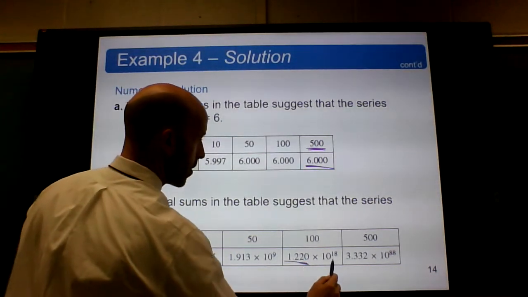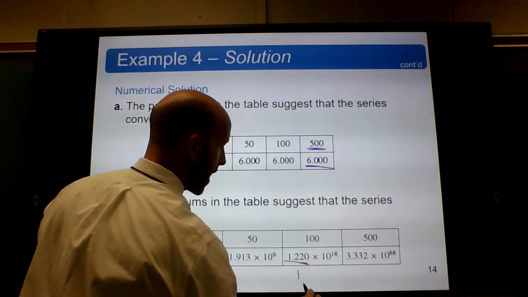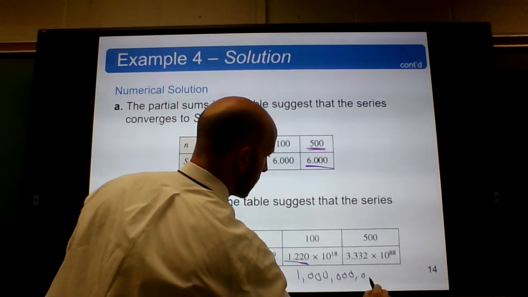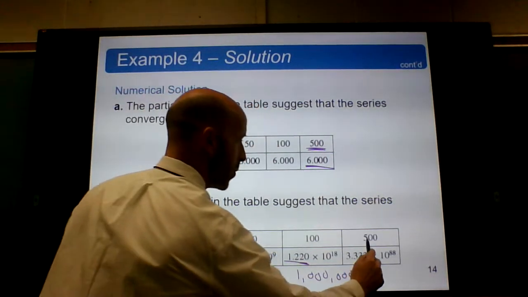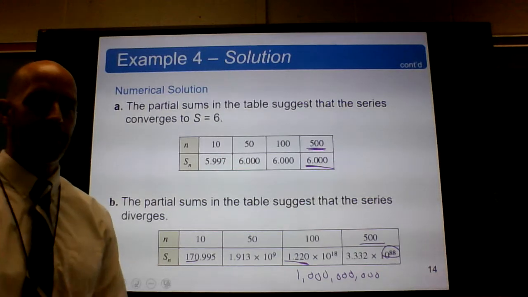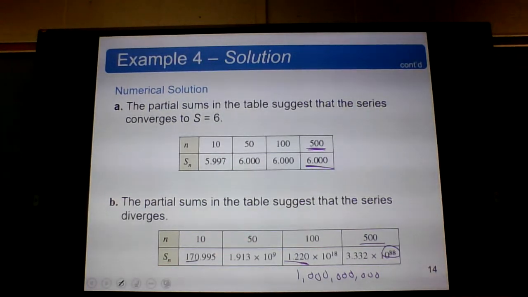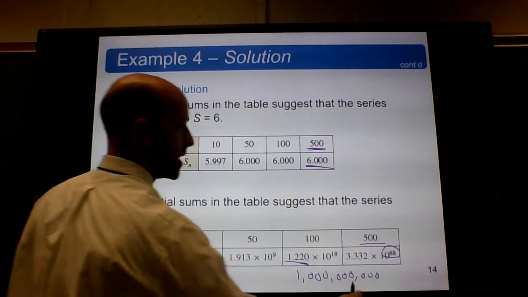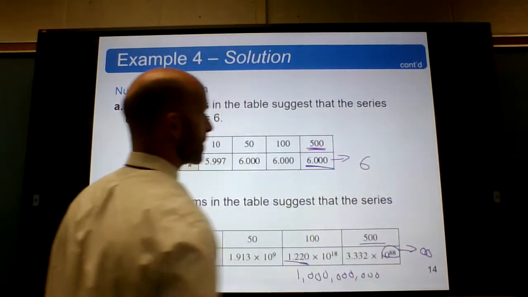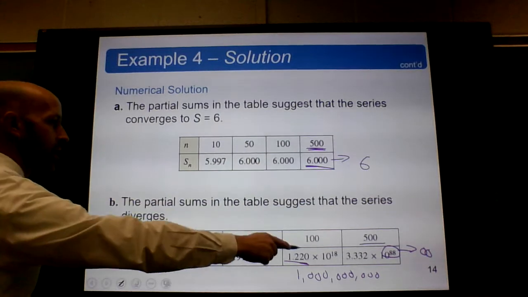At 100 terms, we're at 1 followed by 18 zeros, basically. I'm not going to write all 18. And then when you get to 500, this thing has already got 88 decimal places that you'd have to move. So this bad boy is tending towards infinity. This guy here is tending towards 6. Convergent, divergent.